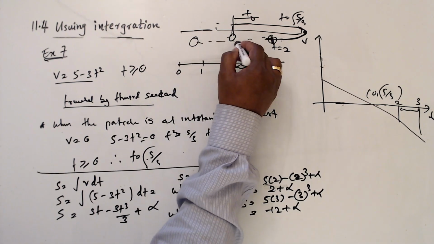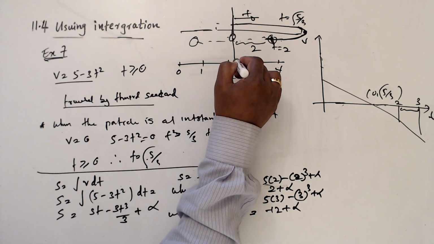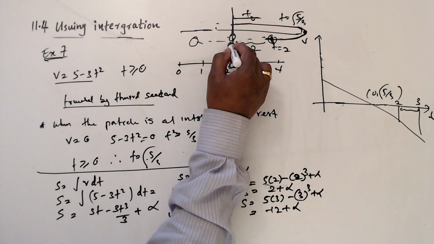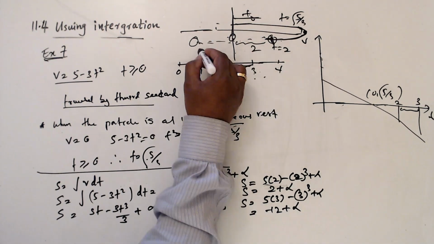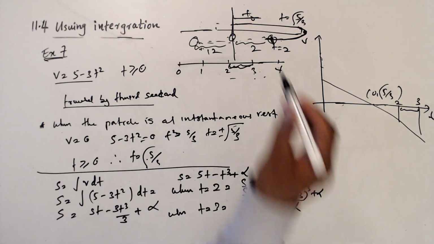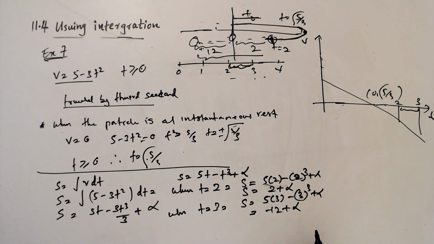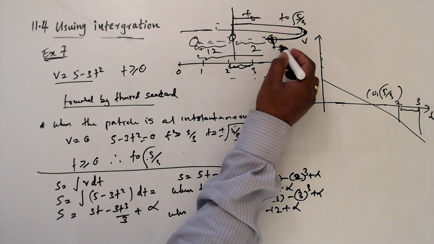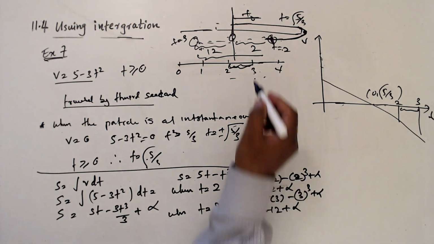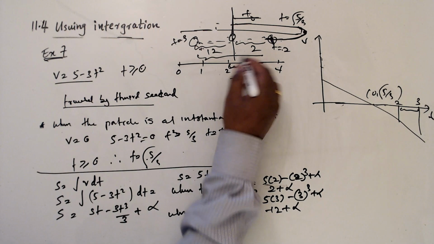So up to this distance is 2, and we are measuring from this point onward as positive. Because of that, this becomes negative, so this distance is 12. So the total distance during 2 to 3, from t equals 2 to t equals 3, is 14 meters.